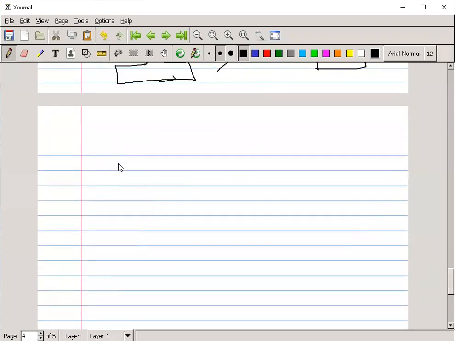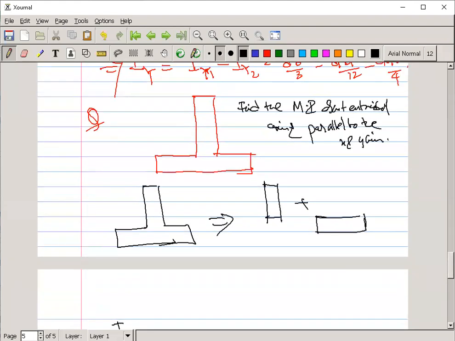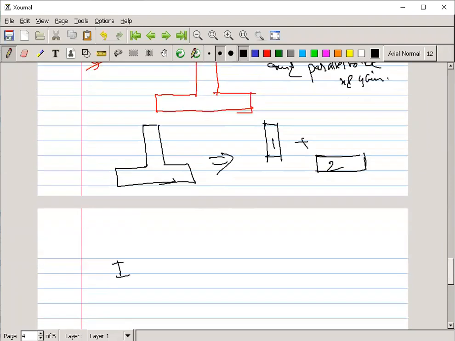You all know how to find it. Consider this one as section 1 and this as section 2, for example. So what you have to do is first find the moment of inertia with respect to the centroidal axis.